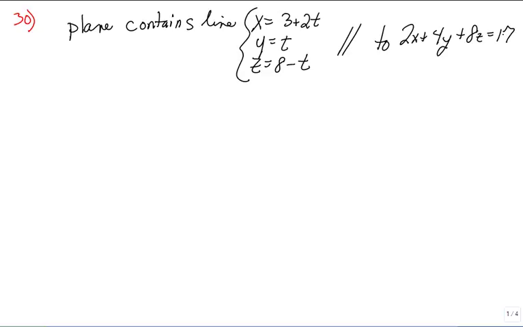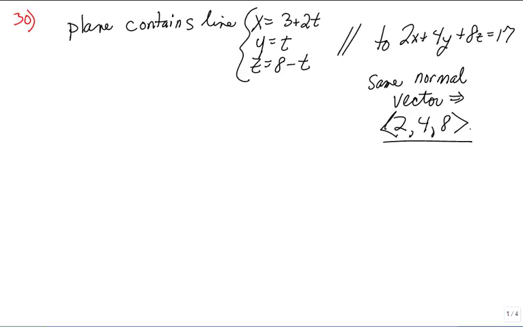So again, if the plane's parallel, it has the same normal vector, which is 2, 4, 8. So I have the normal vector. Now all I need is a point.